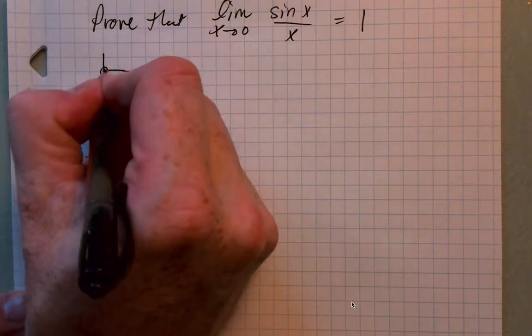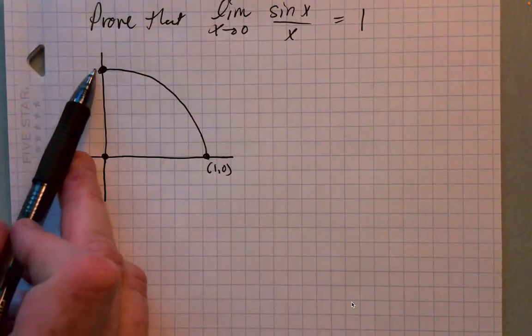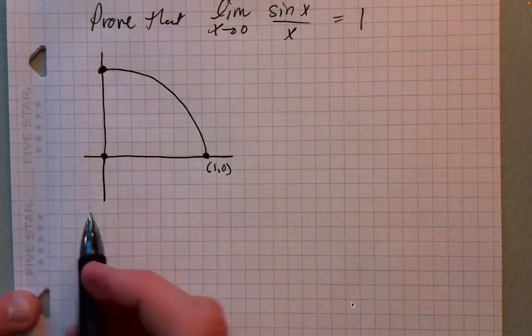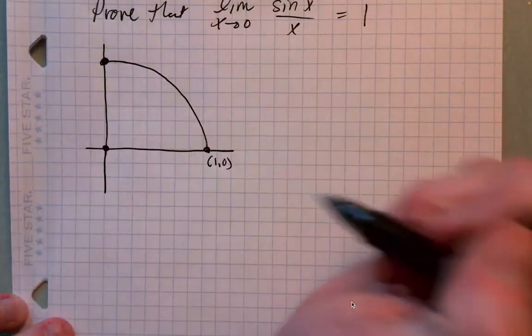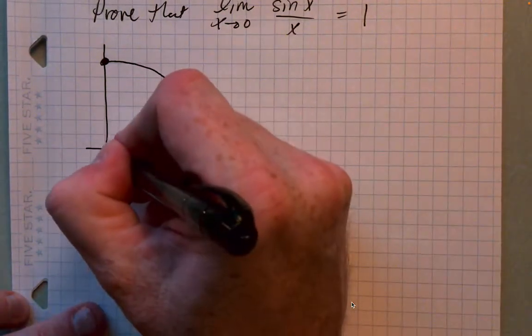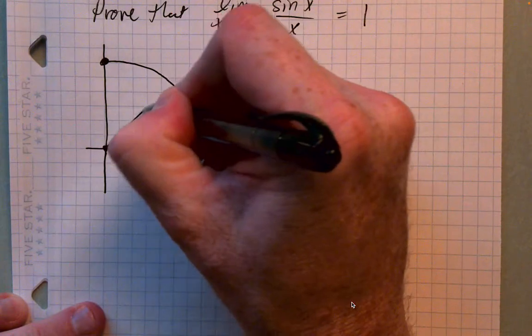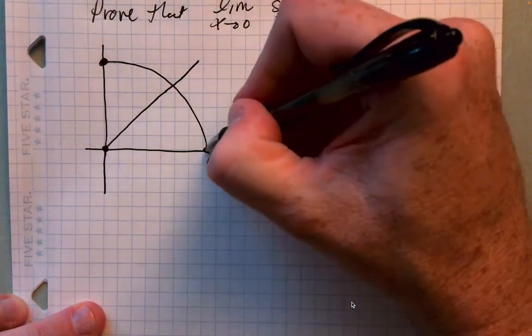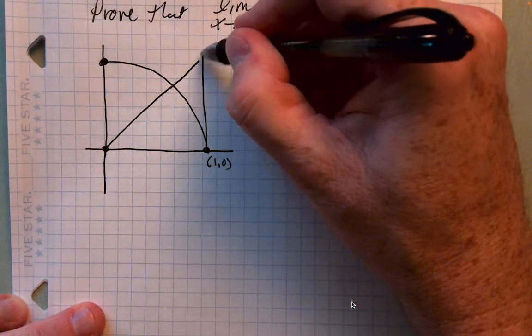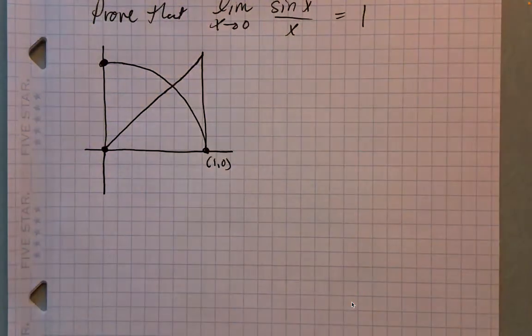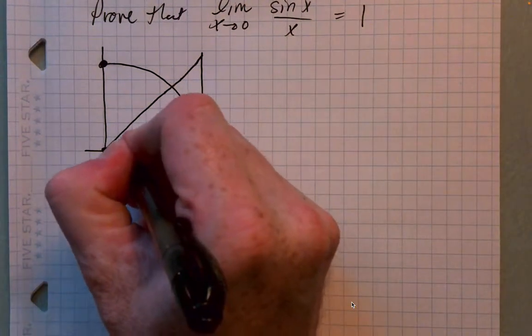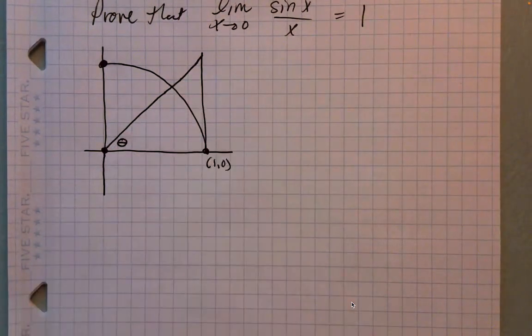And of course this up here would be 0, 1, and this would be 0, 0. Now let's say starting at the origin, we draw a line exiting the unit circle, and we draw it up to this point. And so there's going to be some angle theta that we've described there.